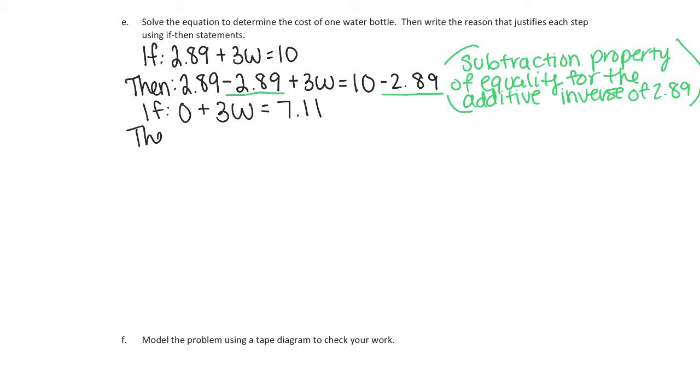Then I know that 3W equals 7.11. Okay, and this is called our additive identity.